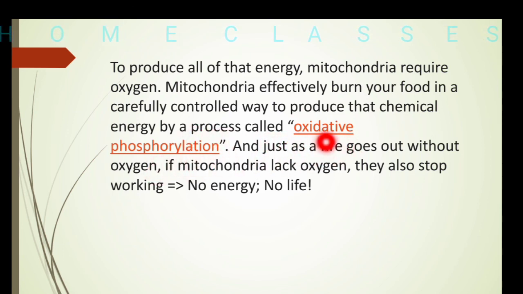This process takes place in the presence of oxygen. And just as a fire goes out without oxygen, if mitochondria lack oxygen, they also stop working. It means that if mitochondria do not get oxygen, they cannot burn your food and energy will not be released. So no energy, no life.